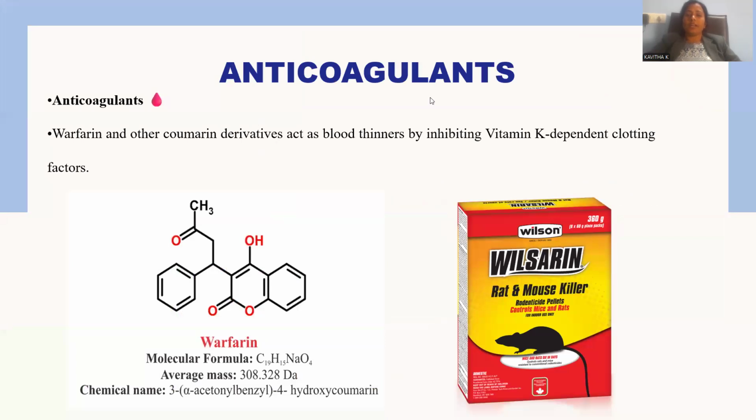Coumarin is an efficient anticoagulant agent. A marketed drug is available, the anticoagulating agent, and that is said to be warfarin. Warfarin is having dual activity. Coagulation stands for wherever blood circulation is blocked. That is called coagulation. Whenever blood circulation blocks, what happens?